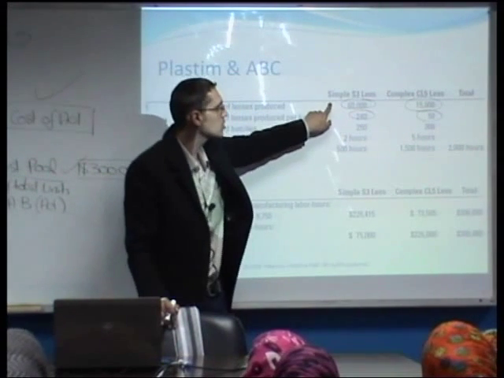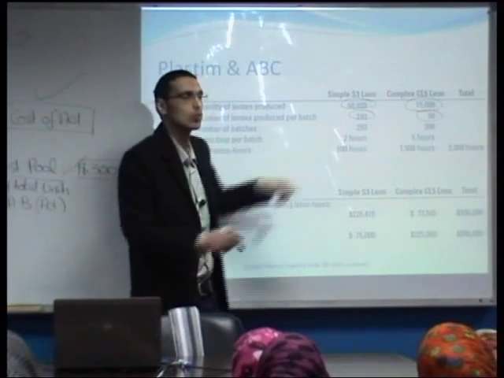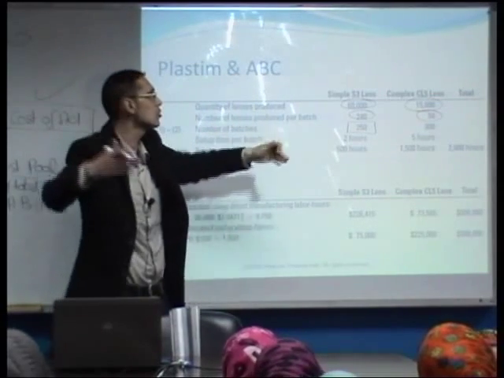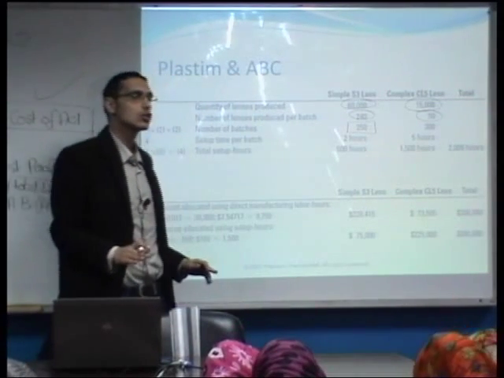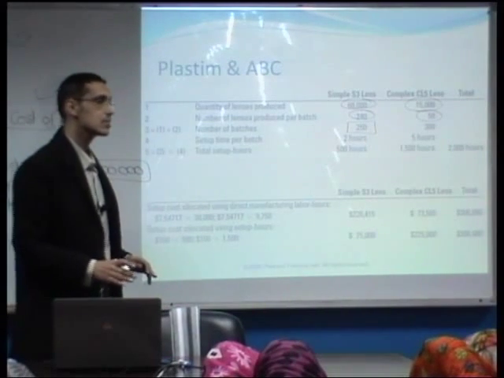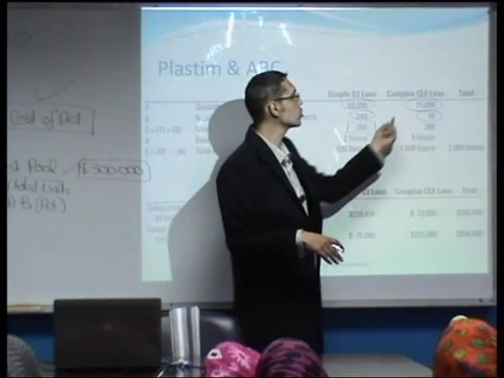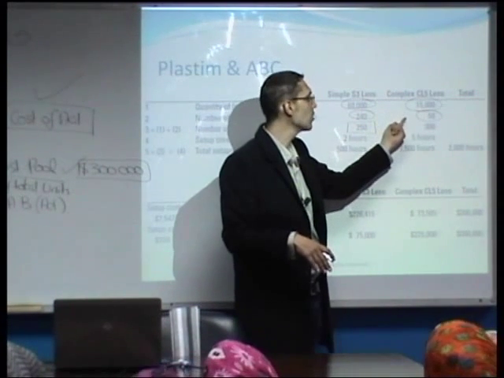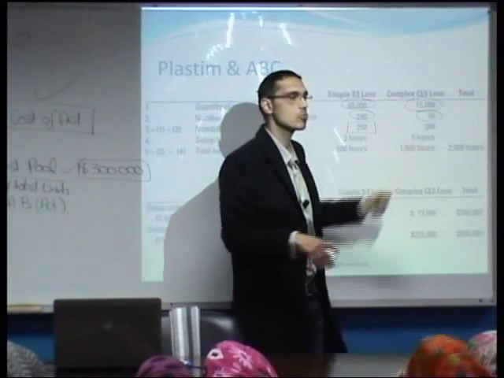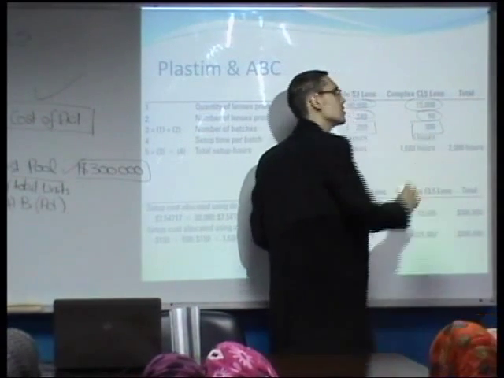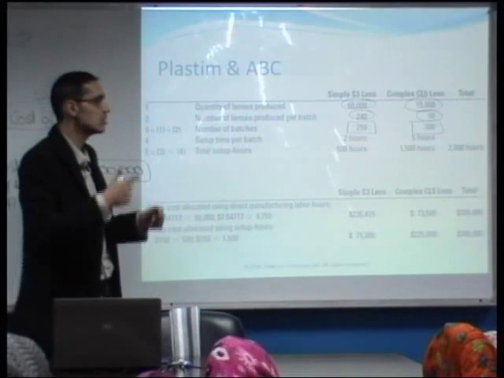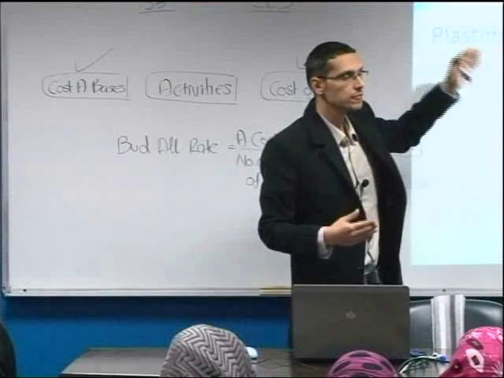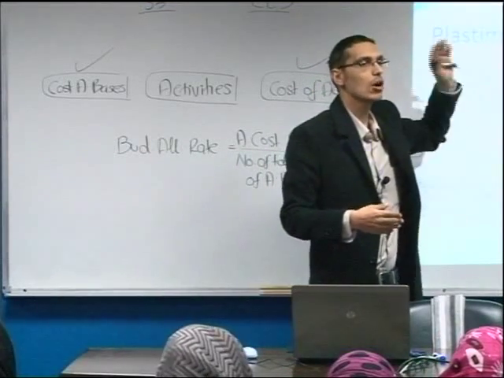Of course, 60,000 divided by 240 would give us the number of batches that we need in order to produce the 60,000 total amount of the S3 lens. Accordingly, for the complex CL5 lens, we divide the 15,000 units by 50, which will give us 300 batches. That means we need 300 batches in order to produce the 15,000 budgeted units.